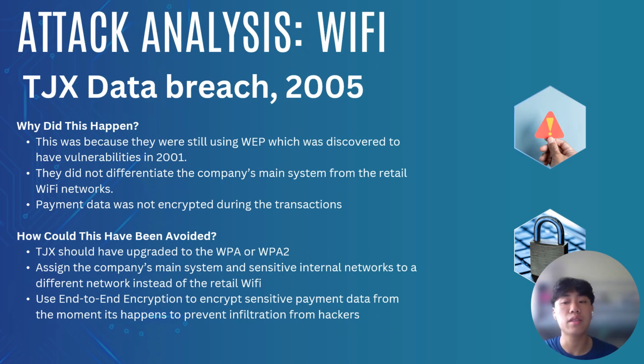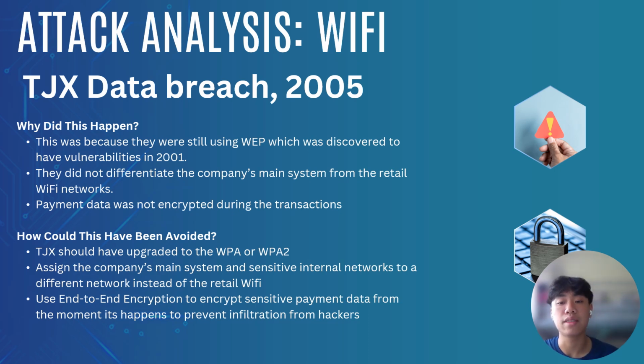So why did this happen in the first place? There are three root causes that I have researched: outdated encryption, network design flaws, as well as the lack of payment data encryption. For outdated encryption, TJX was still using WEP, otherwise known as Wired Equivalent Privacy, which has been known to have vulnerabilities since 2001.